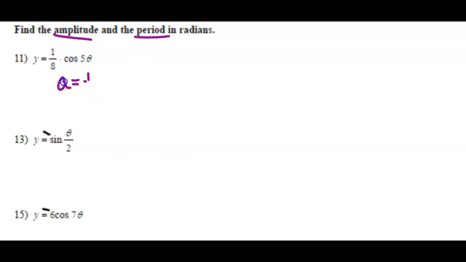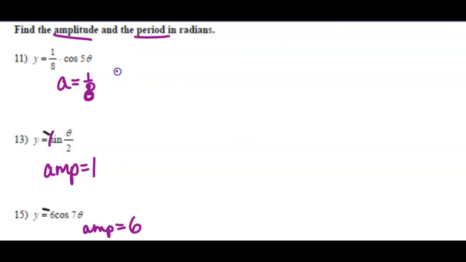Here the amplitude would be 1/8. A is 1/8. Here, A is actually -1, but that means the amplitude is +1. And here A is -6, but that still means the amplitude would be +6. All right, we good with amplitudes?